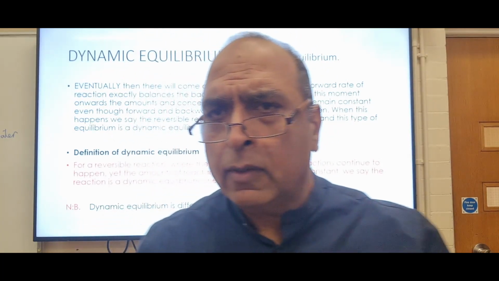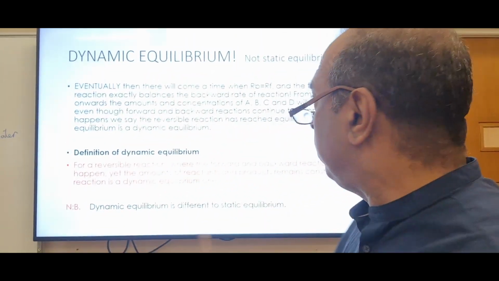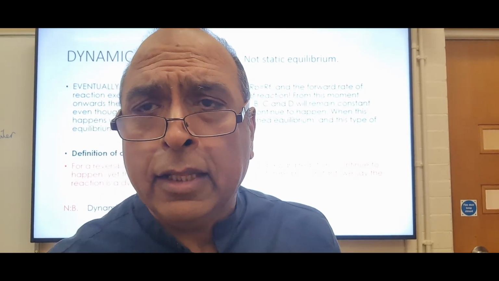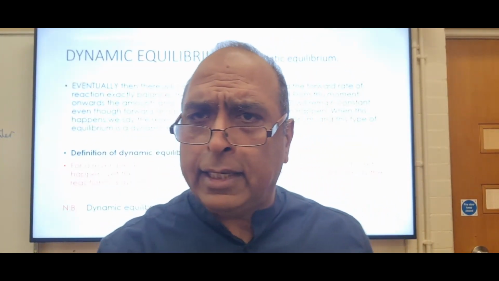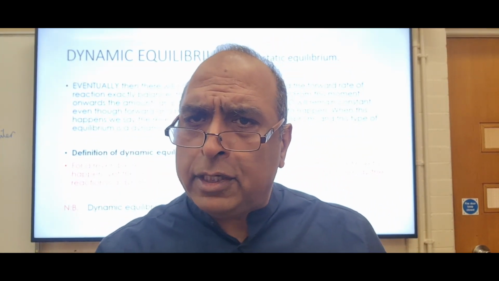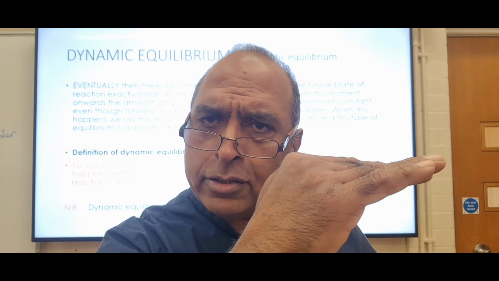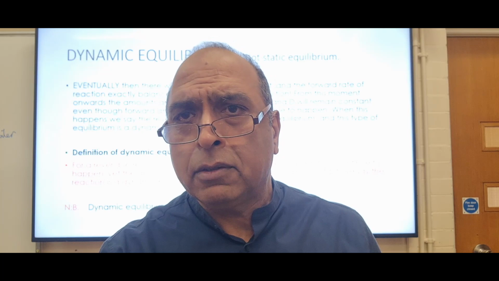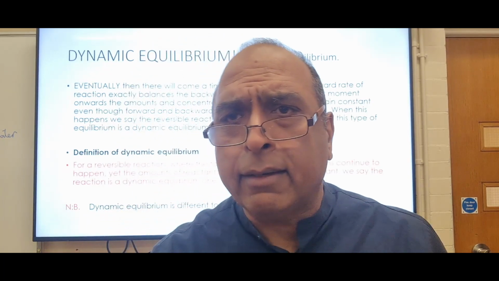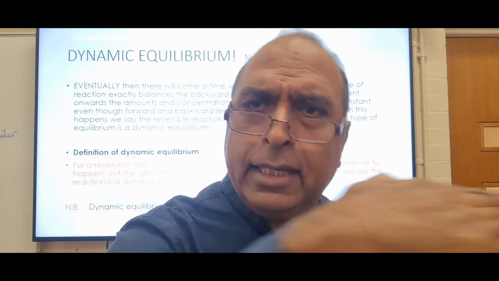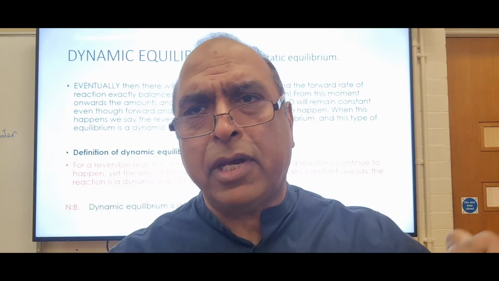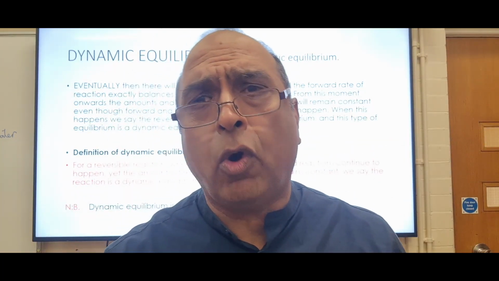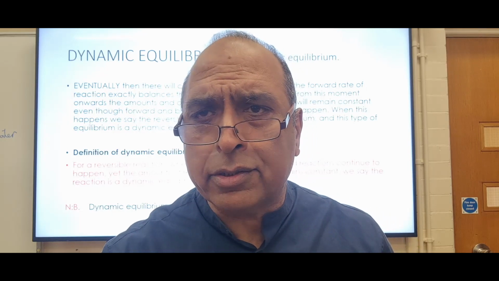Equally, if the forward rate and the backward rate equalize, then the products C and D will be made at a rate that exactly balances the rate at which they're reacted away. So when C and D are being made at exactly the same rate at which they're being reacted away, then their concentrations will also remain constant.